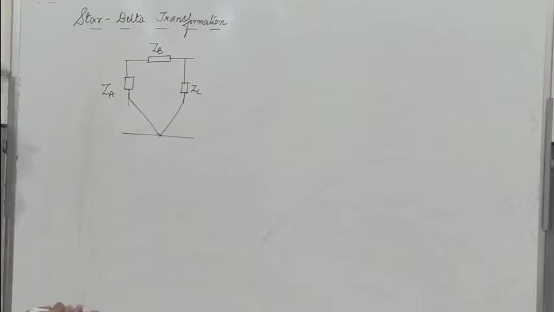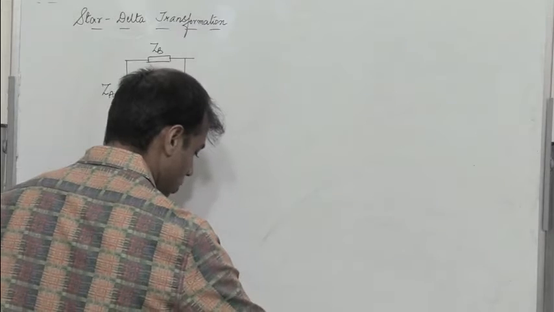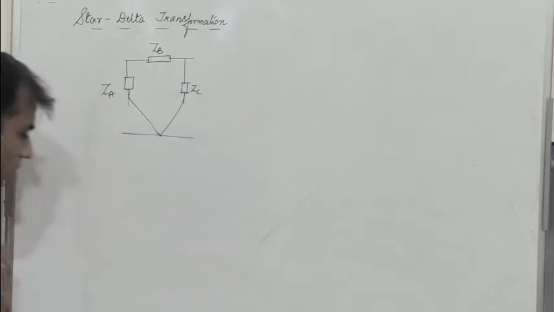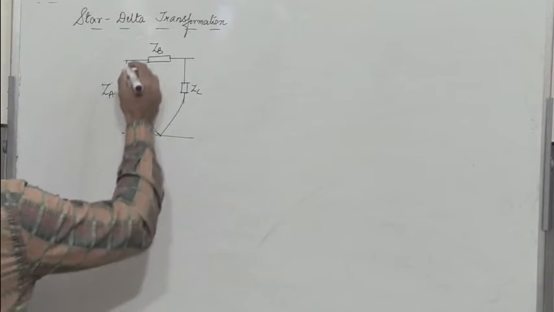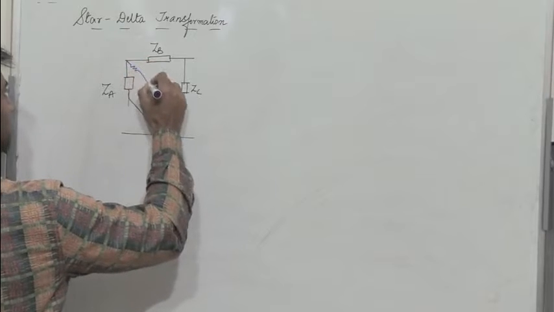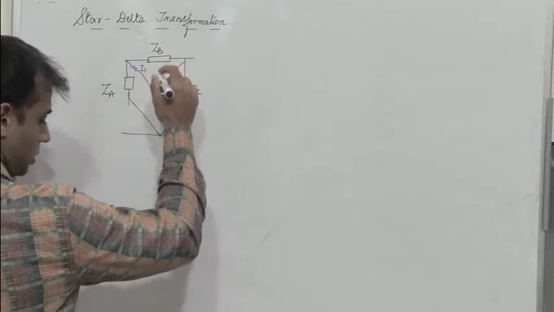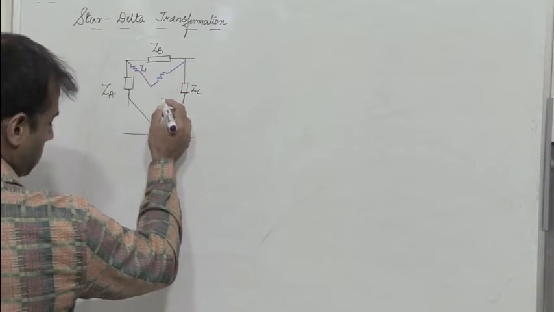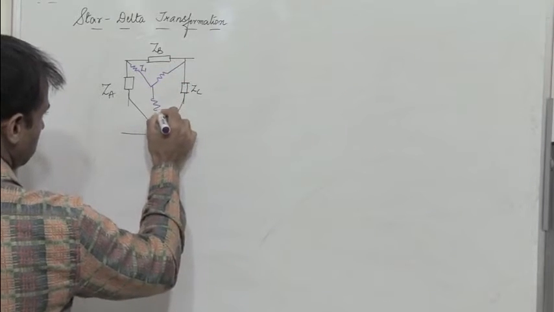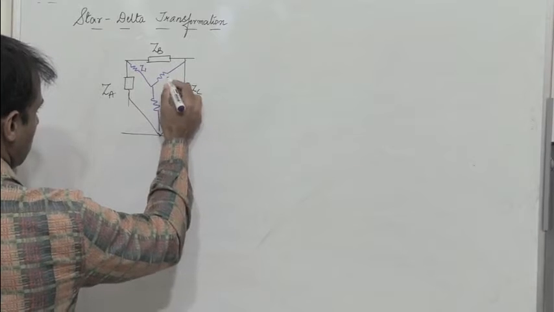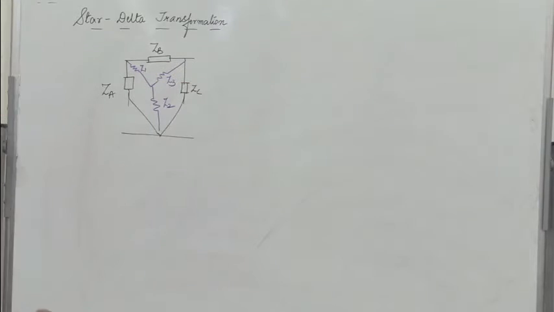So now if I need to convert a delta network to a star network, then I would have three resistances. Let me name them as Z1, and here Z2 and Z3. Right?